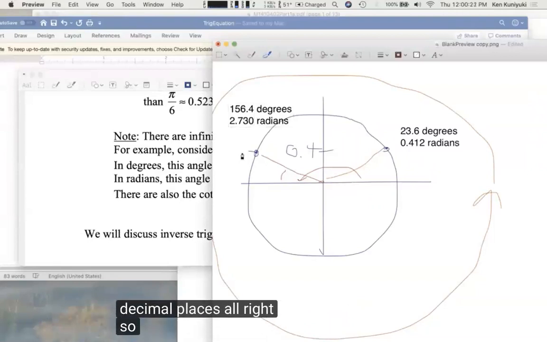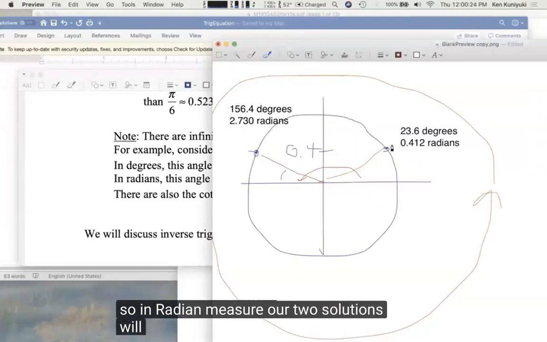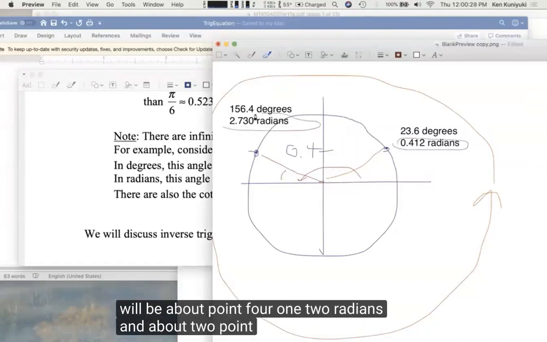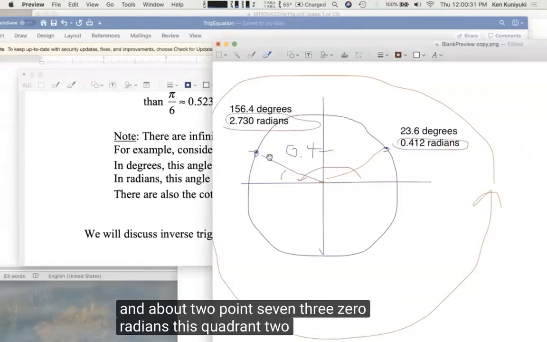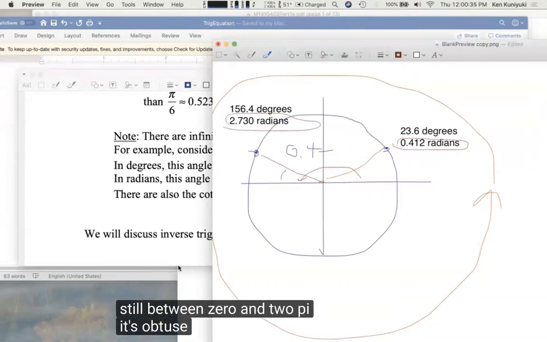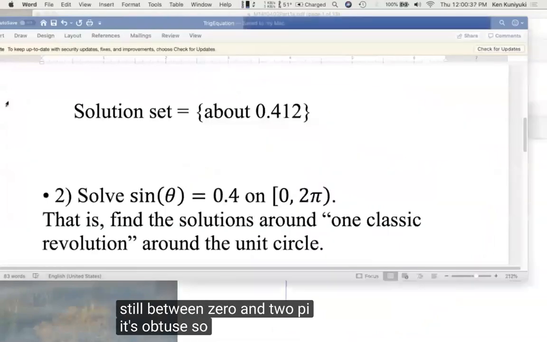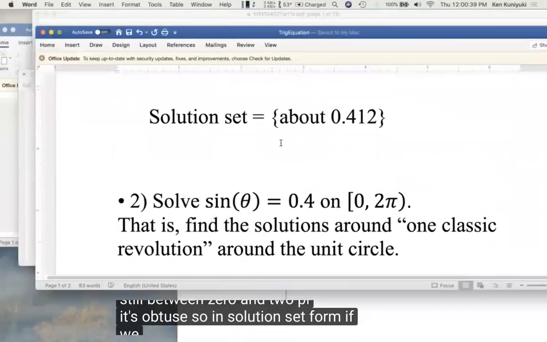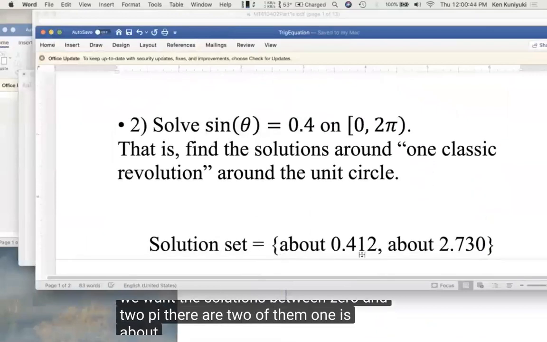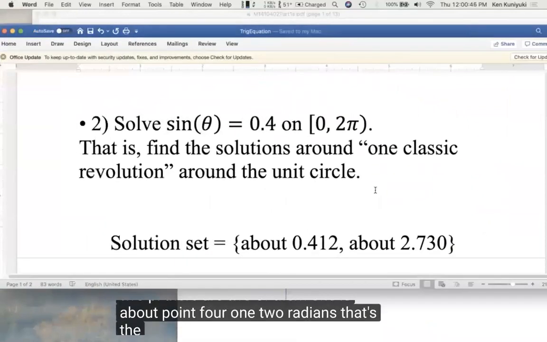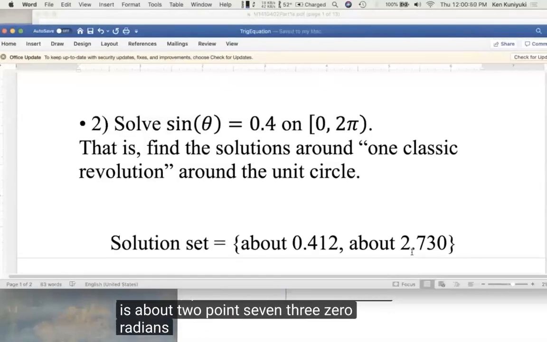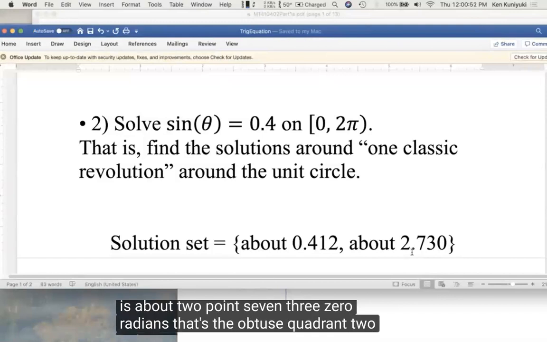So in radian measure, our 2 solutions will be about 0.412 radians and about 2.730 radians, this quadrant 2 angle, which is still between 0 and 2 pi. It's obtuse. So in solution set form, if we want the solutions between 0 and 2 pi, there are 2 of them. One is about 0.412 radians, that's the acute quadrant 1 solution, and one is about 2.730 radians. That's the obtuse quadrant 2 solution.